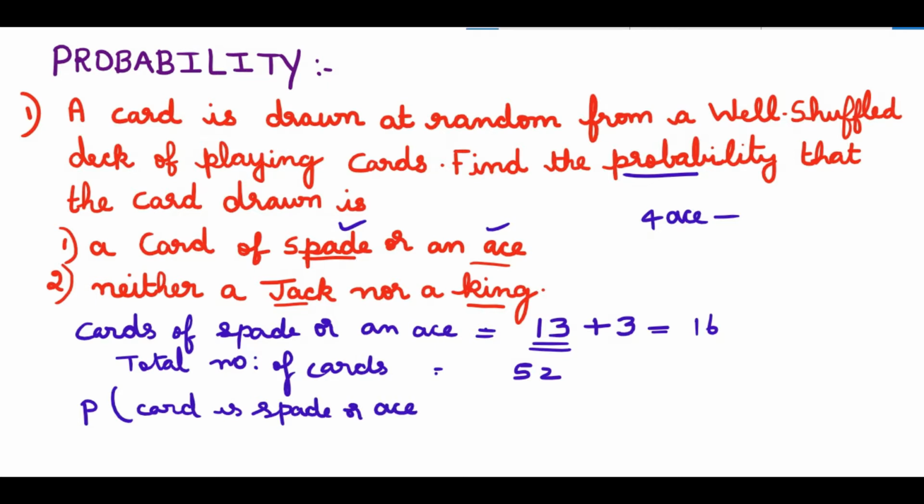We know the formula for probability is the number of favorable outcomes divided by the total number of outcomes. So the favorable outcomes are 16 and the total number of outcomes is 52. So the answer is 16 by 52. You can reduce it to the lowest form, that is 4 by 13. And we know that the probability of an event lies between 0 and 1, so when you get the answer, you can check that it lies between 0 and 1.